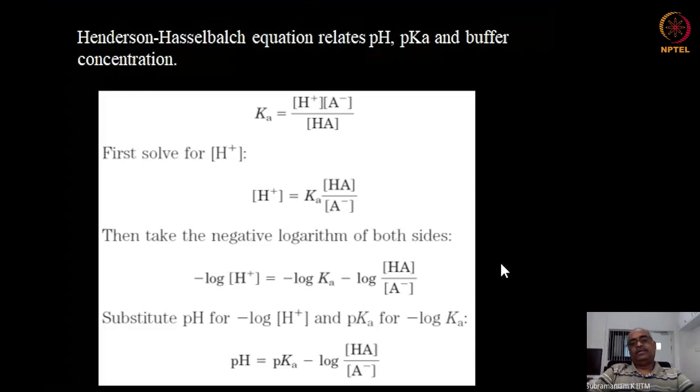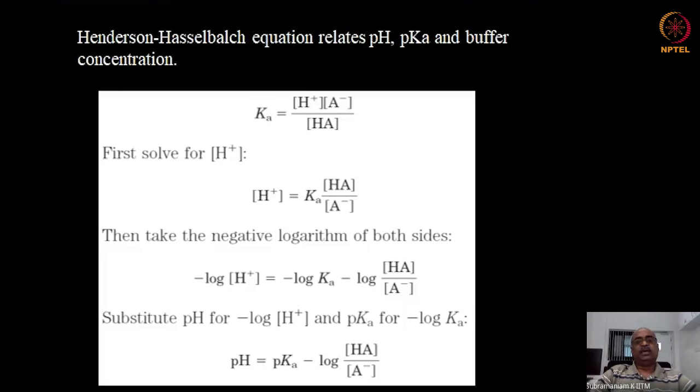So we rearrange this equilibrium constant in a way that becomes practically useful to calculate the different entities, like for example, how to determine the pKa value or how to find the pH if I know the pKa value. And if I know these two, then what is the ratio of the acid and the conjugate base. For those calculations, it really becomes useful when it is rearranged into this form.